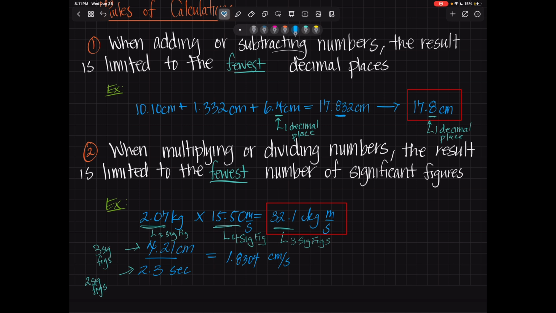However, we need to convert this to sigfigs. And as we know, we go to the fewest number of sigfigs, and in this case, it's our 2 sigfigs from the denominator. So our answer is going to be 1.8 centimeters per second. Let's go ahead and box that, and let's just analyze, make sure we got 2 sigfigs.